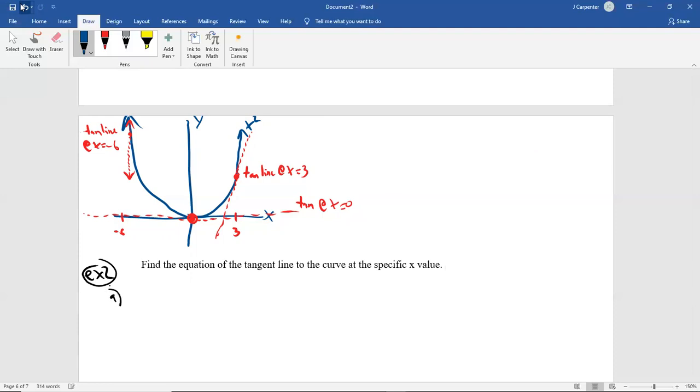So for A, we're going to have f of x be x squared. And let's do this at x equals 3.